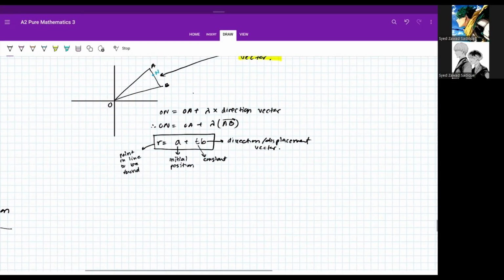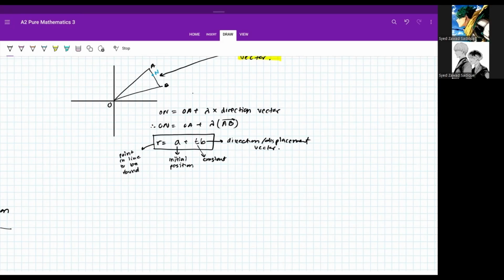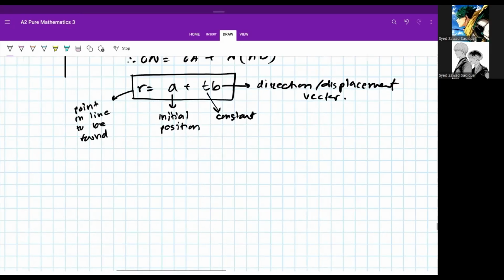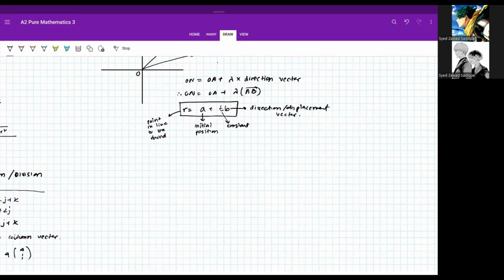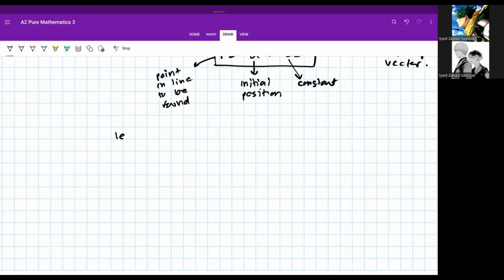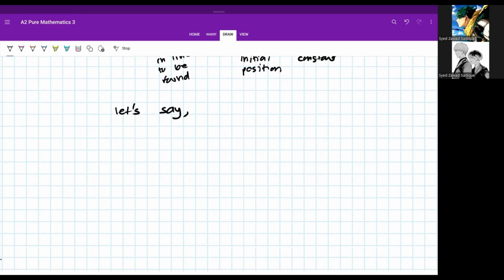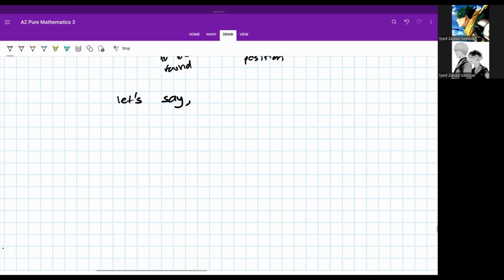Now, there's another way we can represent this. Okay, let's say A is equal to LMN and B is equal to PRS.